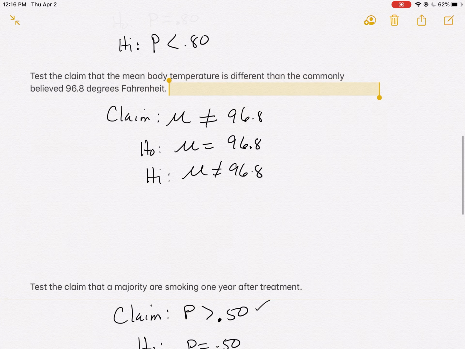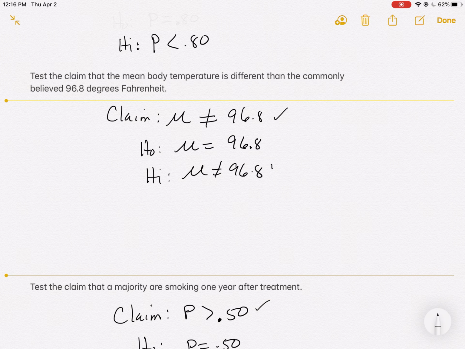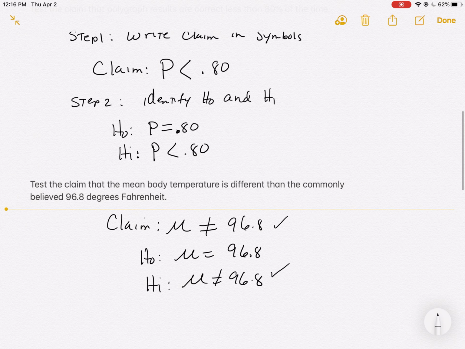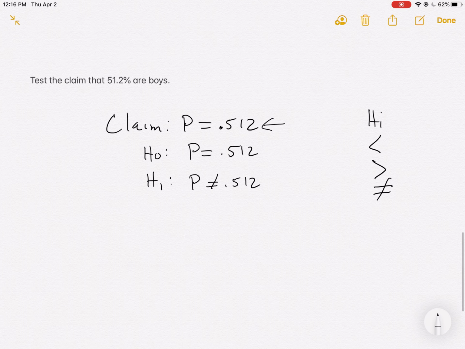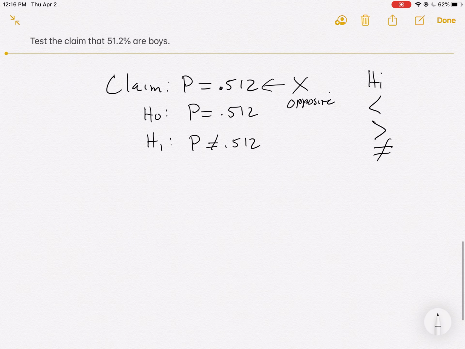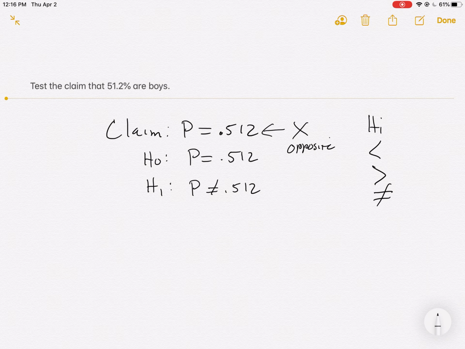Here my claim is not equal to. That's okay for me to use for the alternative, so I did it. Here my claim is less than. That's okay for me to use. This is the first time where it's not okay for me to use that. So what do I do? I do the opposite. What's the opposite of equal to? Not equal to. And that quickly we can get through those different claims.